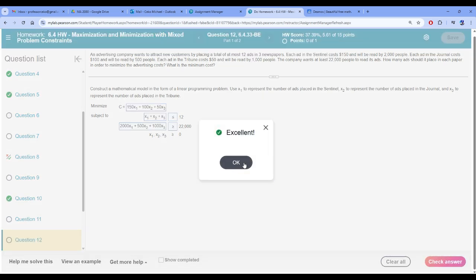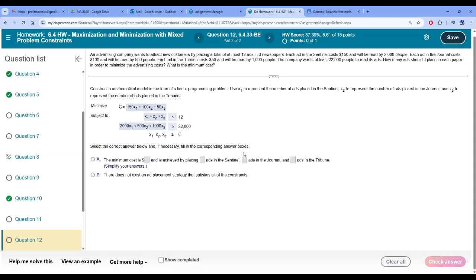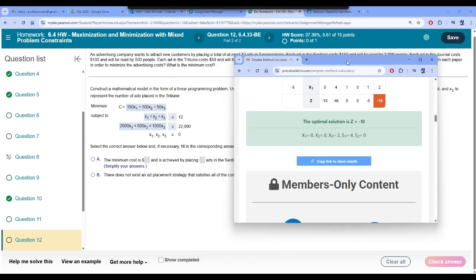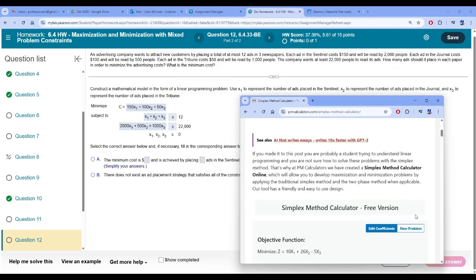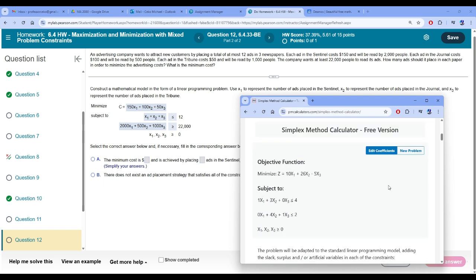Yep, there we go. All right, now find the minimum cost and all that. So I'm just going to go straight to the calculator, right? All right, so now here, new problem. Oh no, edit coefficients.